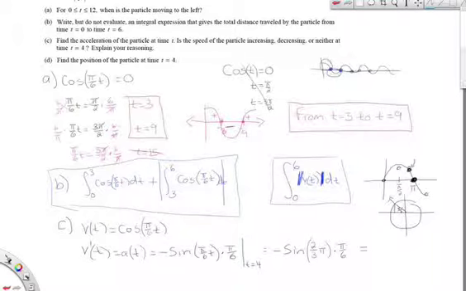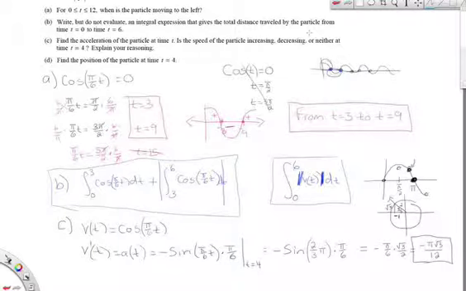Pi over 3 is 60 degrees. So this is 1, this is 2, this is the square root of 3, and that's negative. So the sine is going to be root 3 over 2. So I get negative pi over 6 times root 3 over 2, so negative pi root 3 over 12.